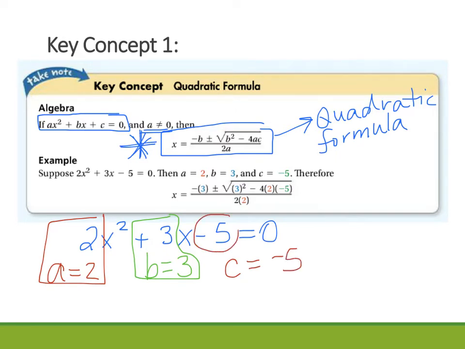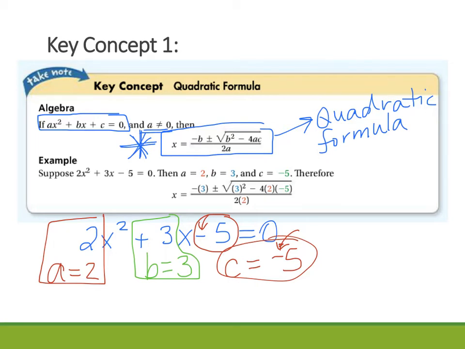It's this number here. And notice how I use the sign, that little negative sign here is part of the value. So if you have a minus sign in the quadratic equation, make sure that you include that sign in your values of a, b, and c.